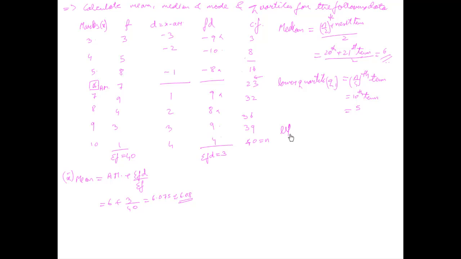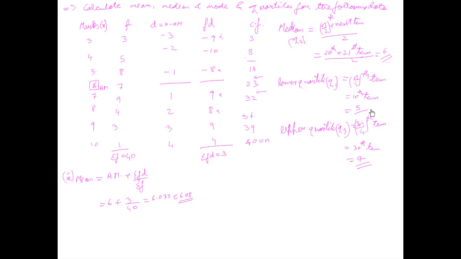Upper quartile, children, Q3, because median is Q2, would be given by 3 times n upon 4th term, which comes out to be the 30th term, children, and the 30th term would come here, that's at 7.